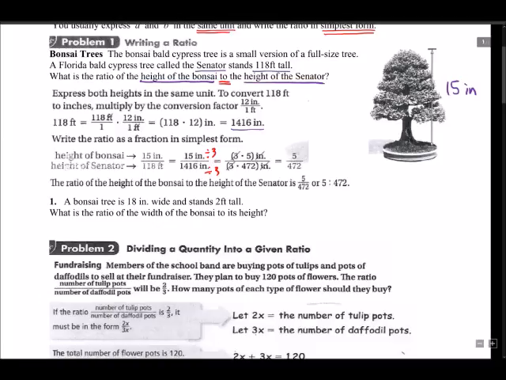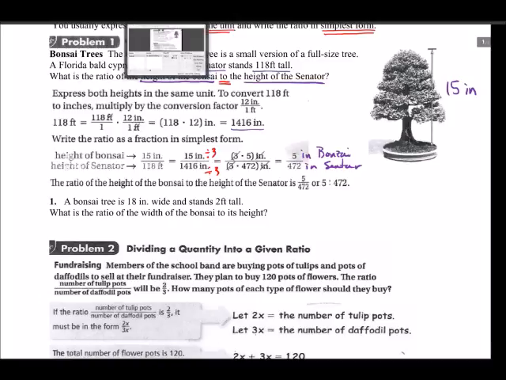And we get 5 inches for the height of our bonsai to 472 inches for the height of the Senator. So for every 5 inches of our bonsai tree, there's 472 inches for the Senator. It looks like it's your turn already, so go ahead and pause the video and try the next problem.